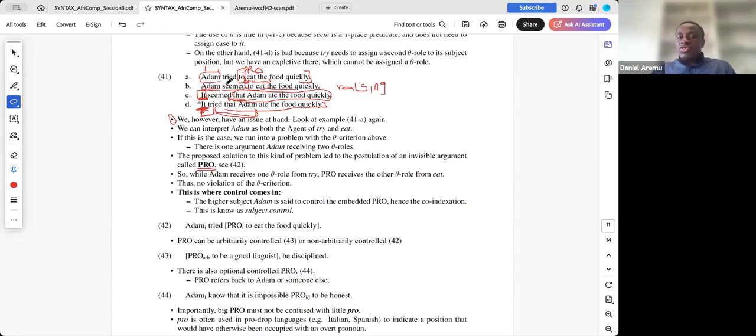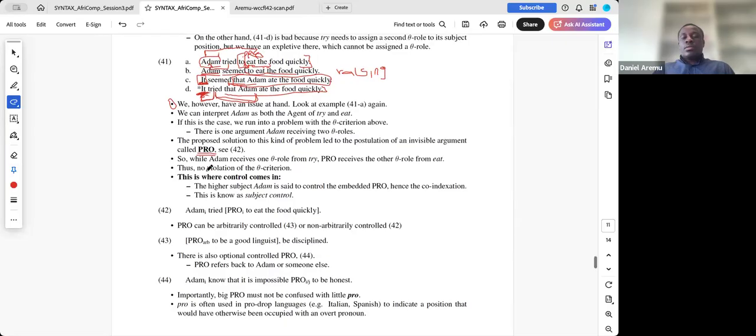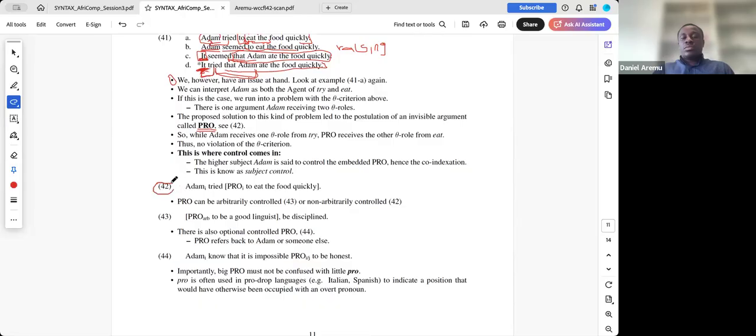Adam on its own is getting just one theta role from it. Right. Now, where does control come in? This is where control comes in. Control says this big pro is actually controlled by Adam. That's the structure in 42.